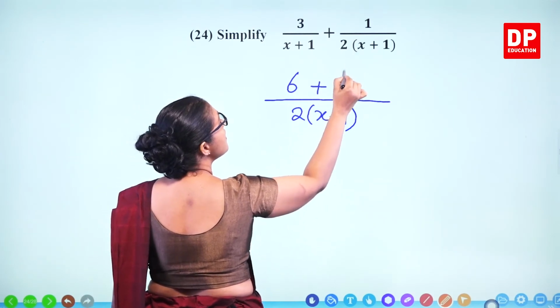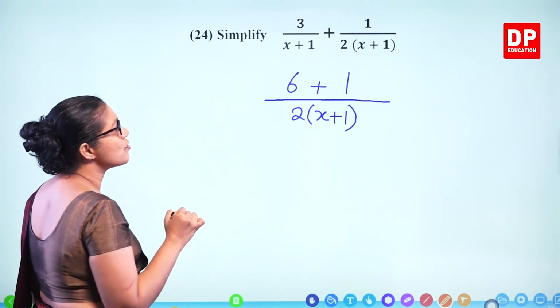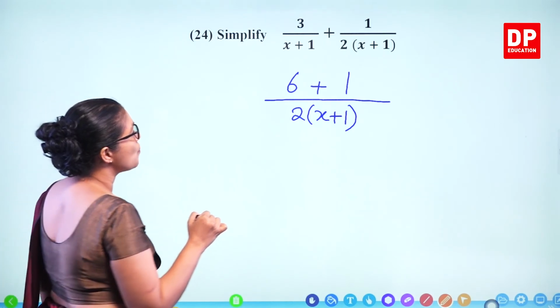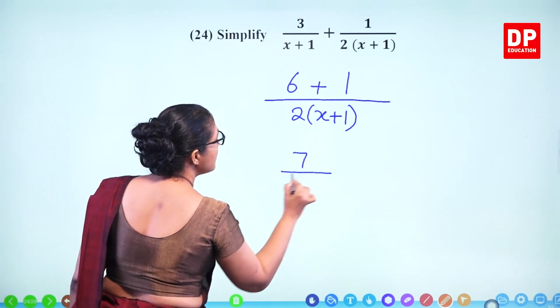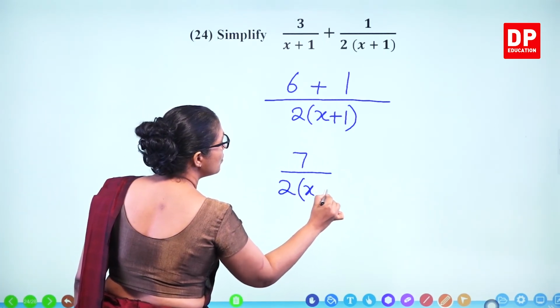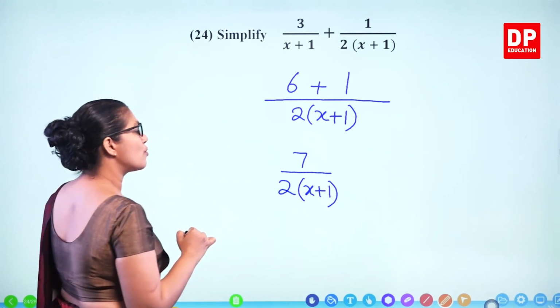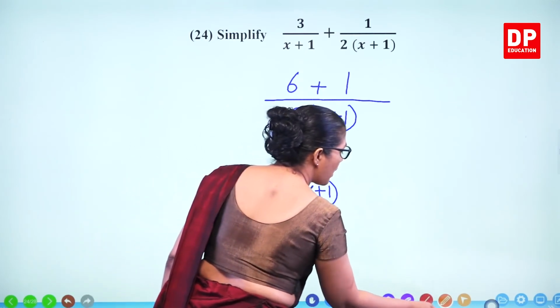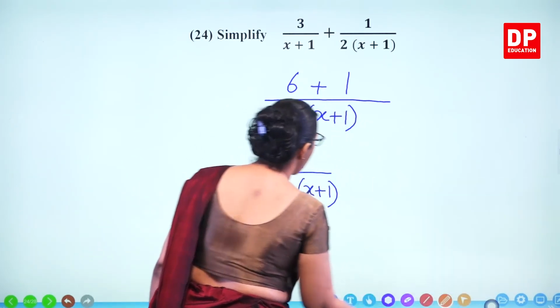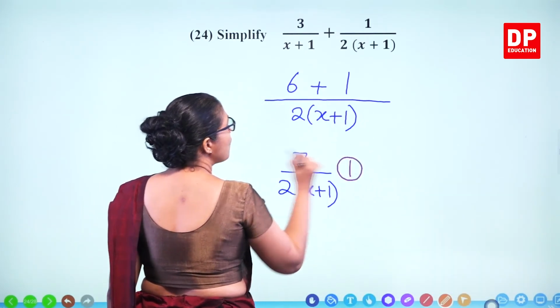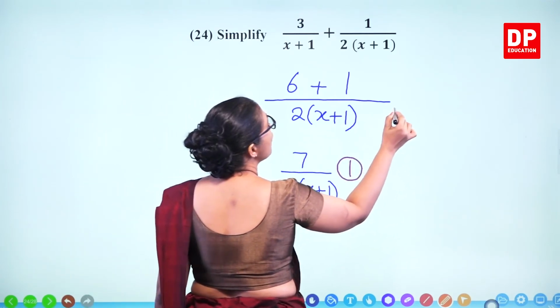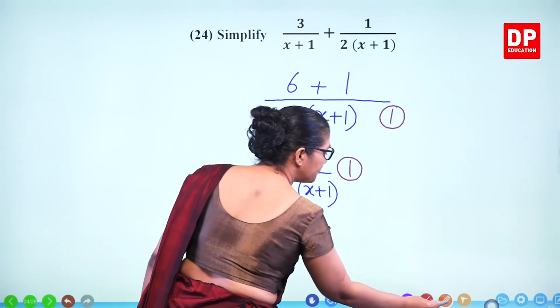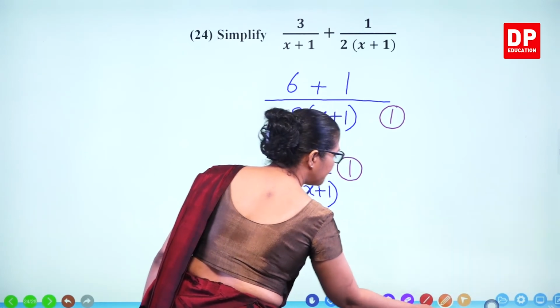And here it's already there, so no need to do anything. Just add 1. 6 plus 1, you get 7. 7 over 2 times x plus 1. You can't simplify further, so this is the simplified form. You get 2 marks here: 1 mark for the method and 1 mark for the answer.